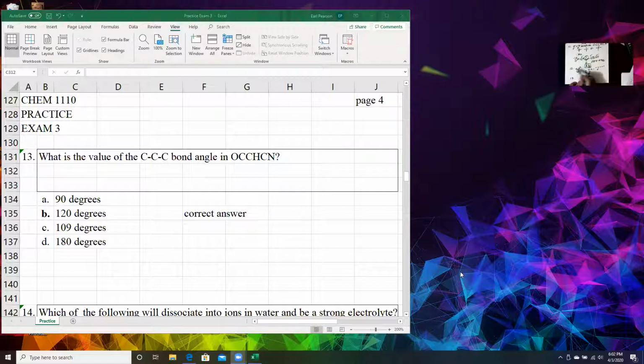We said AX3 is going to be sp2 hybridization. And the shape is going to be like this. It wants to know this bond angle right here. Well, that bond angle is 120 degrees. So the correct answer should be 120, and that's B on your practice exam.